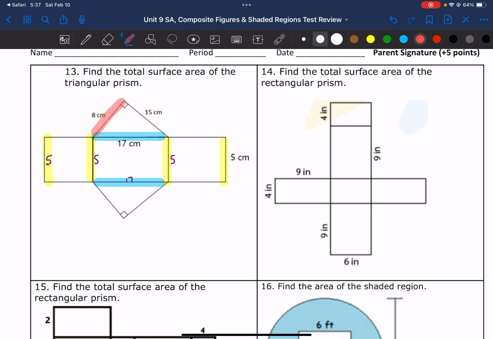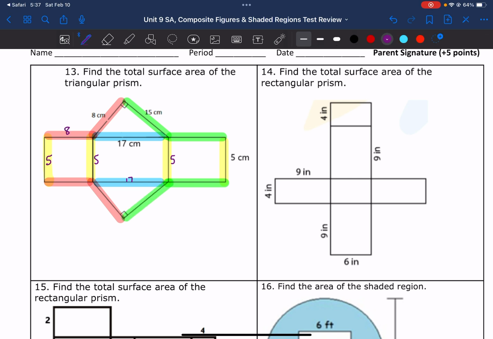So like if this is 8, that means this will also be 8, which means this will also be 8, and this will also be 8. Okay. Now, on the other side, this is 15. This will also be 15, which means this will be 15, which means this will be 15. Okay, so let's write that down. 8 here, 8 here, 8 here, 15 here, 15 here, 15 here.